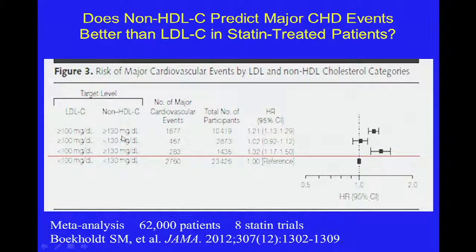Where the LDL is higher than 100 but the non-HDL is at goal, you get a much better relative risk reduction. So using non-HDL is a little bit of a difference compared to simply looking at LDL.